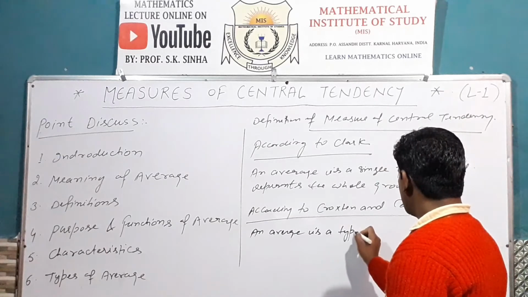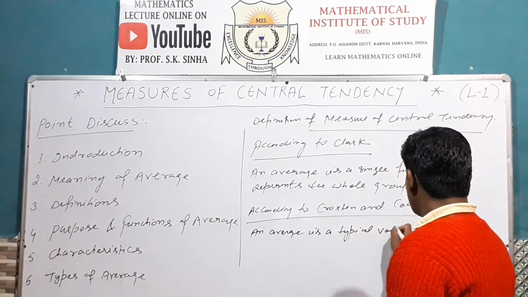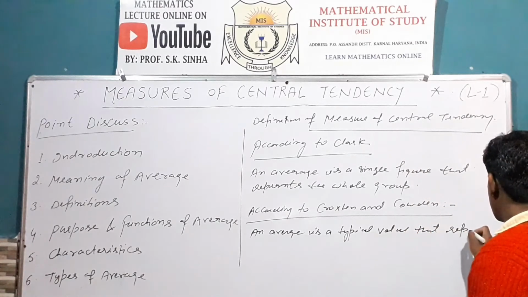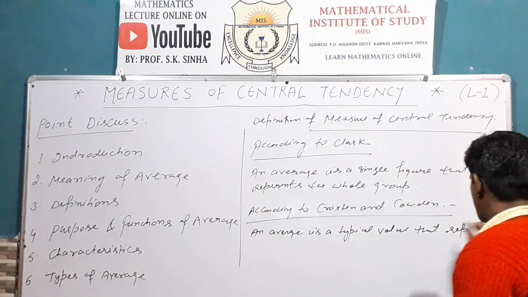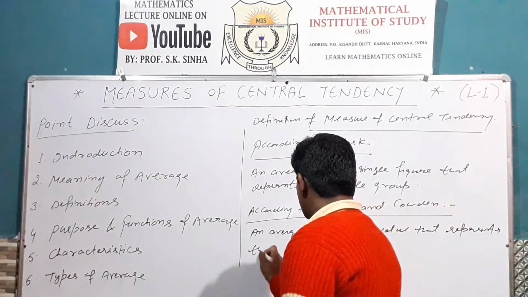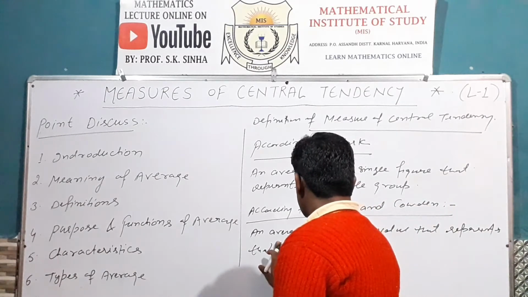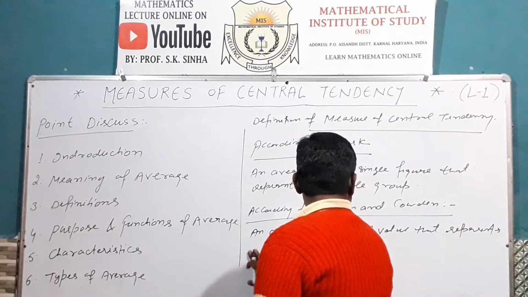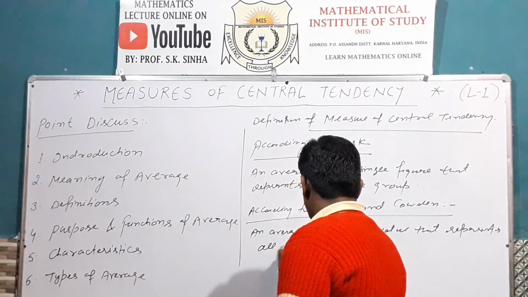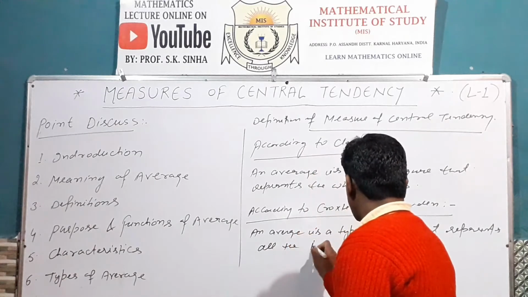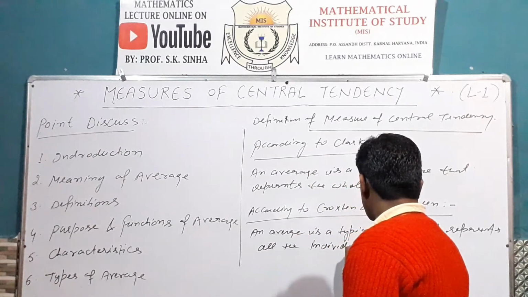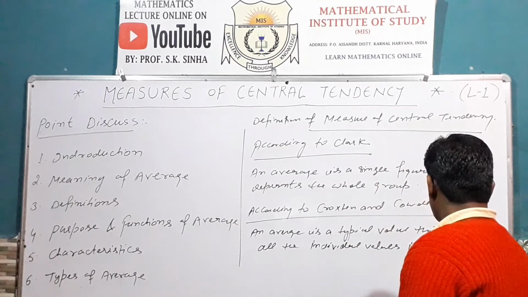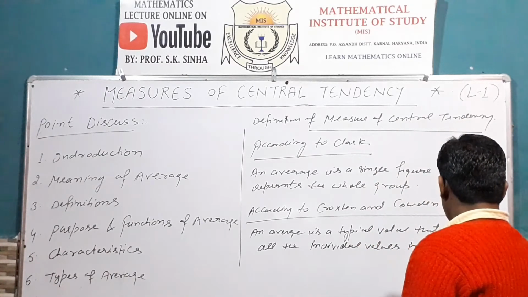Croxton and Cowden say an average is a typical value of data that represents all the individual values in a series.